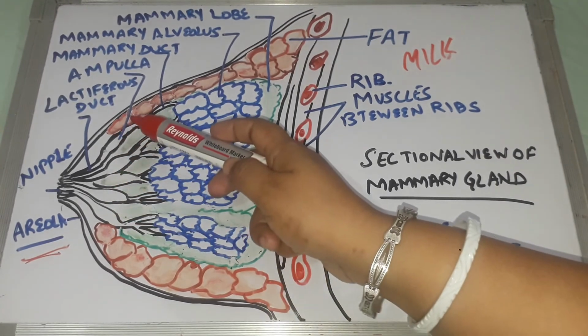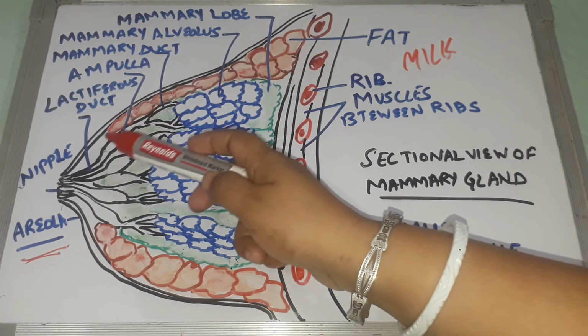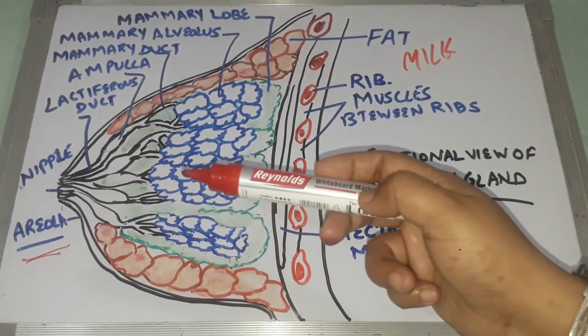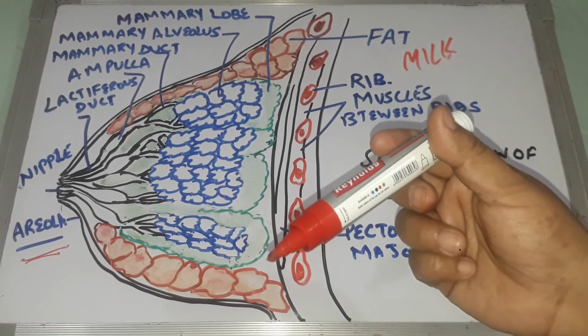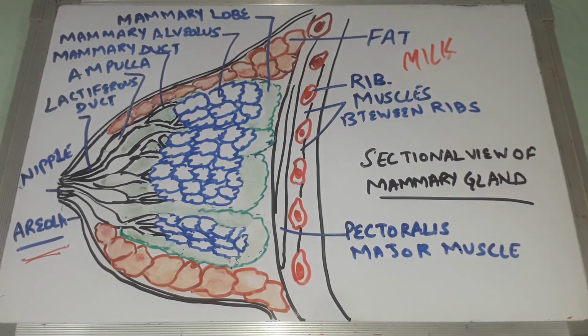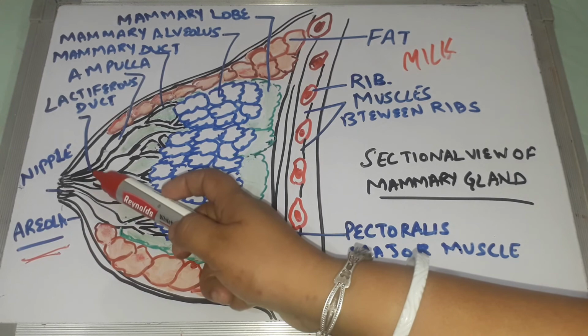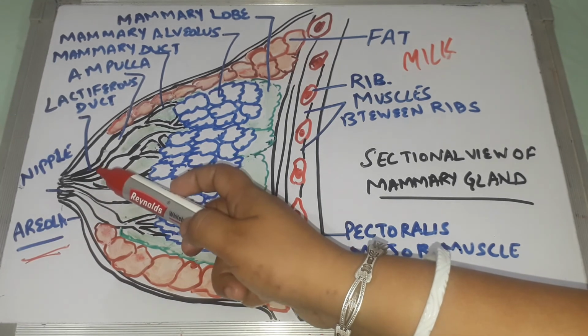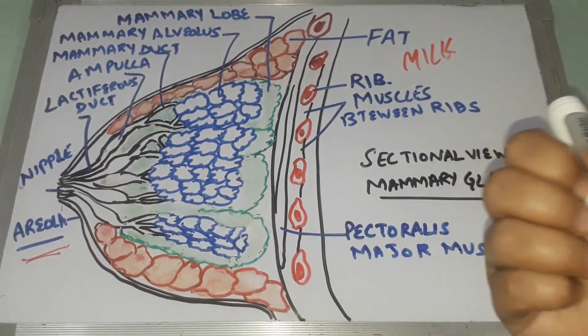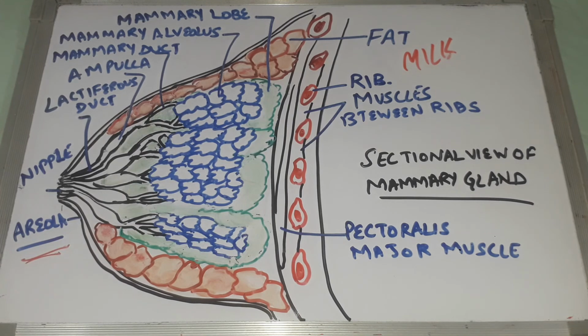So these are called the mammary ampullae. Ampullae are formed near the nipples, and these are the areas where some milk may be stored before going to the lactiferous ducts, right? So from the lactiferous ducts, the milk is sent to the exterior, right?